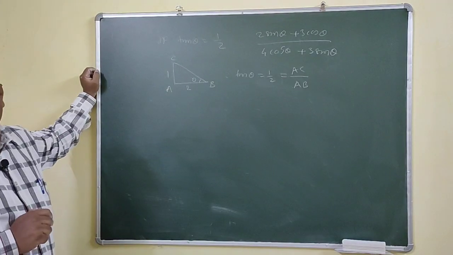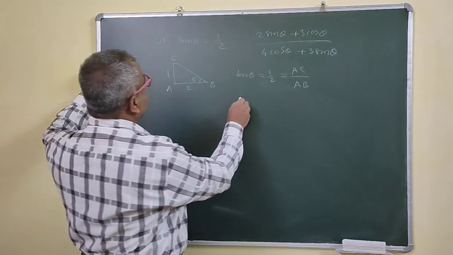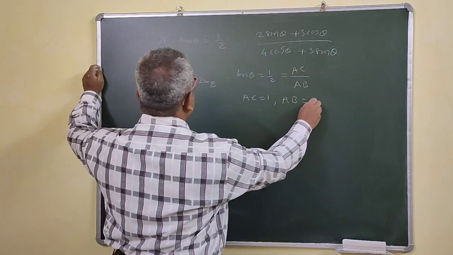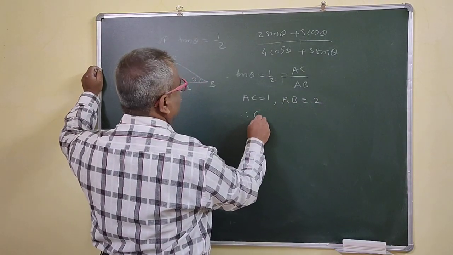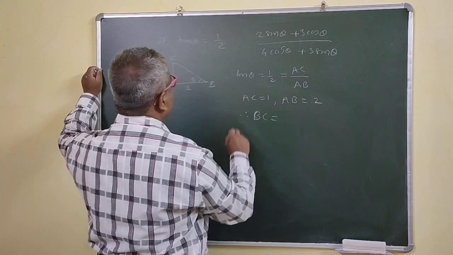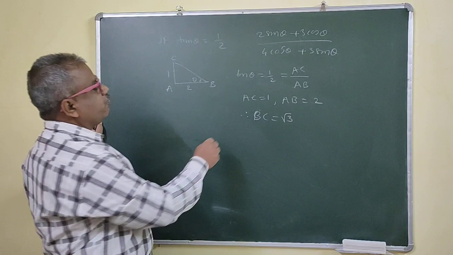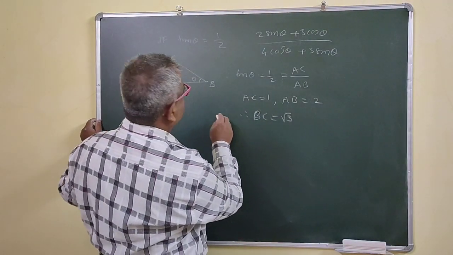So that means AC is 1 and AB is 2. Therefore BC is equal to root 3.